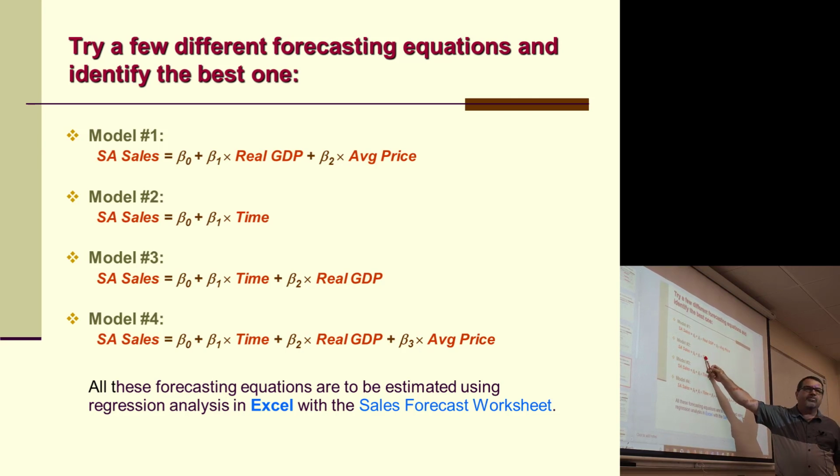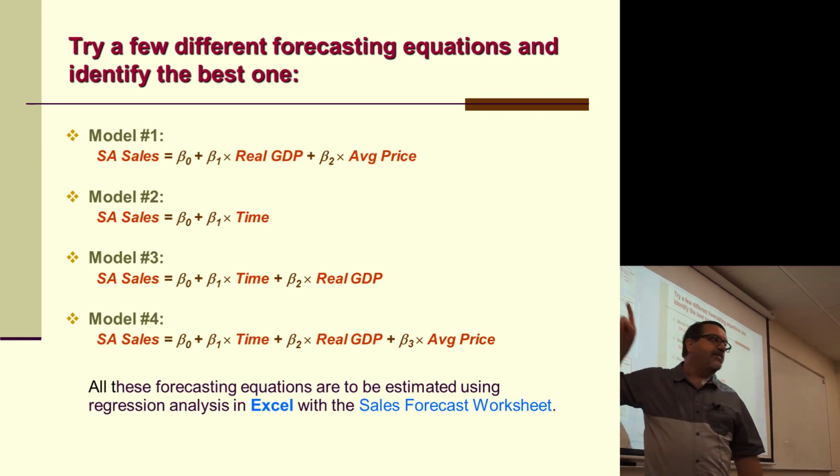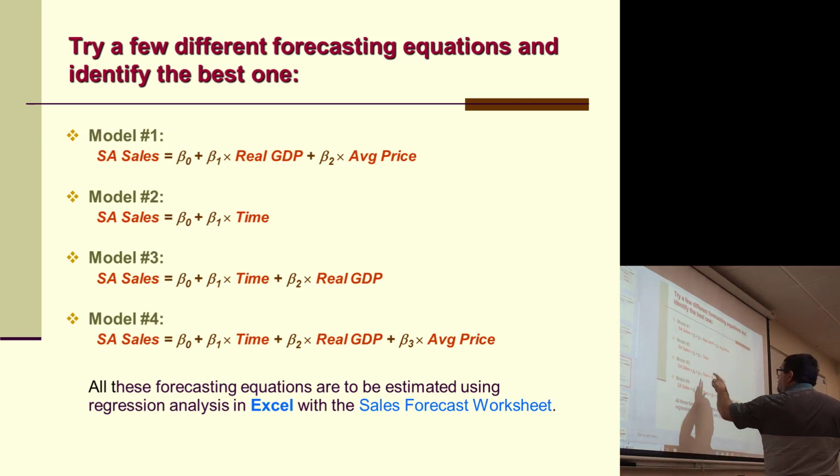We're going to look at only time, like we did at the very beginning to come up with this number, this 80. We're going to look at time plus real GDP, and we're going to look at all 3: time, GDP, and average price. So we're going to test a few different ways of doing the forecast, and whichever forecast gives us the best results, that's what we're going to use. Hopefully that's the most accurate.